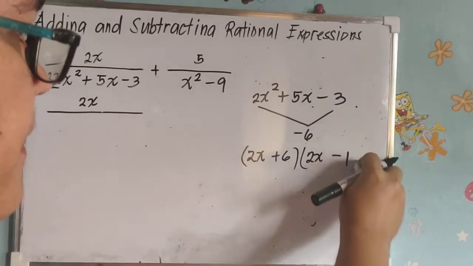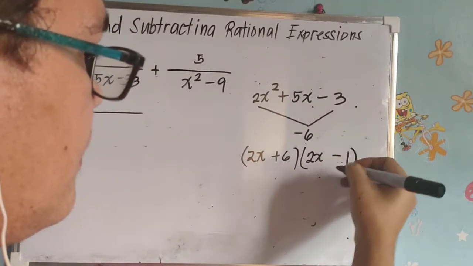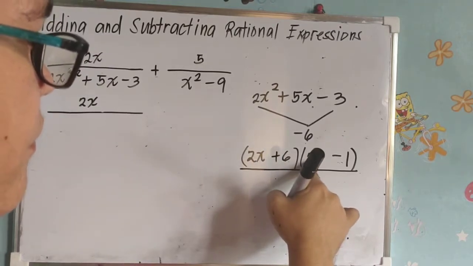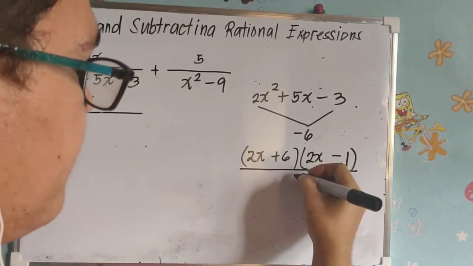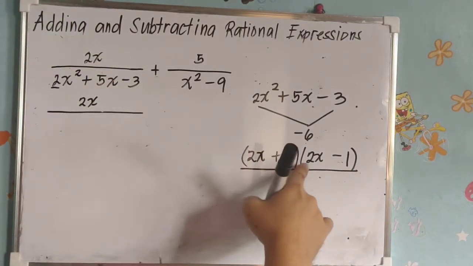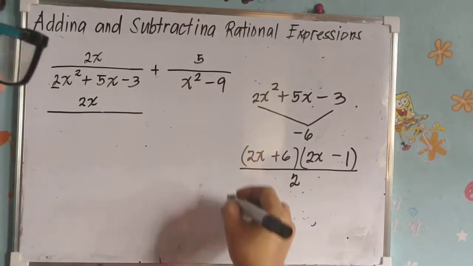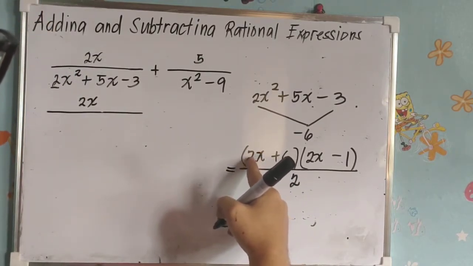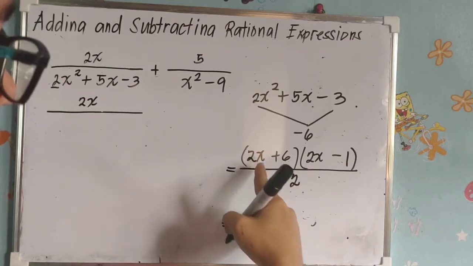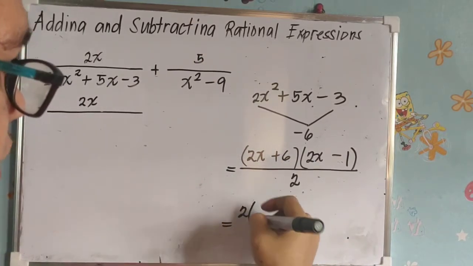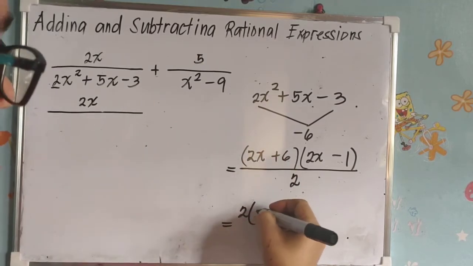Then whatever first term we have here, or numerical coefficient here, over 2. And look at the numerators. If we have common factor, 2x plus 6, so common factor 2, remove that.